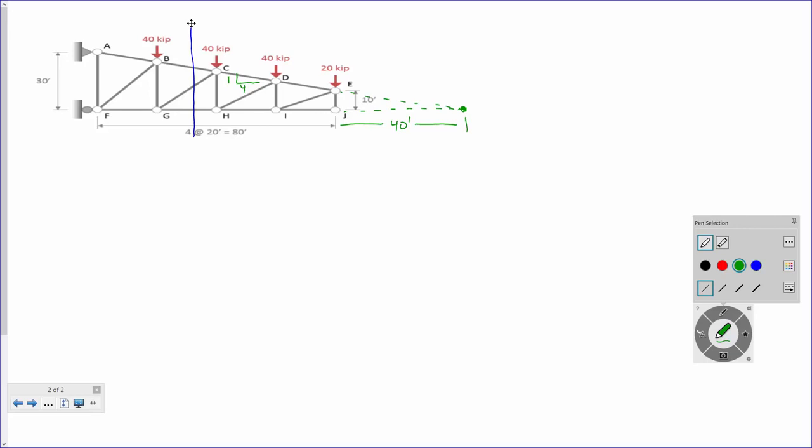Okay? So if I cut a section, I'm going to have this and this, that and that, that and that. I'm going to have that.